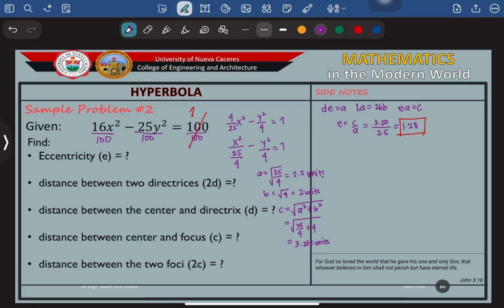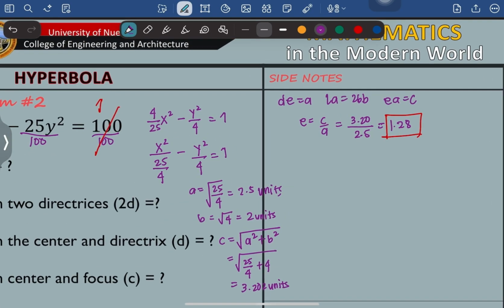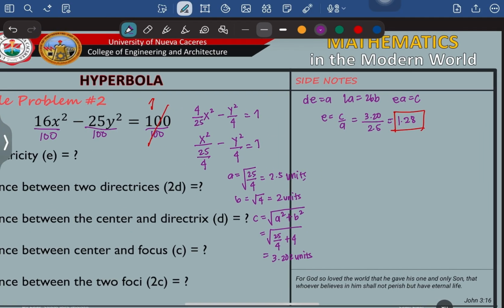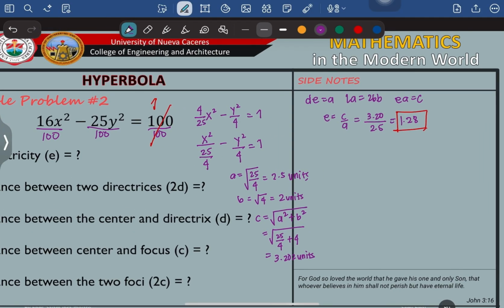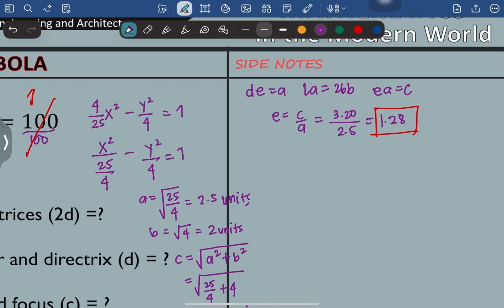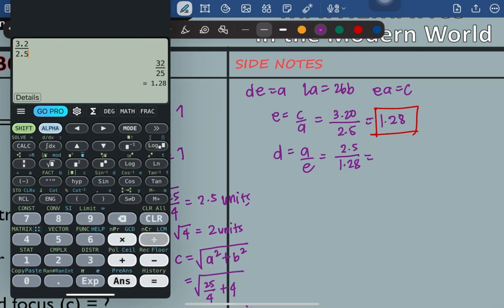Then, for the directrix, we will get first the distance D. So, A over E is 2.5 over 1.28, 1.953 units.